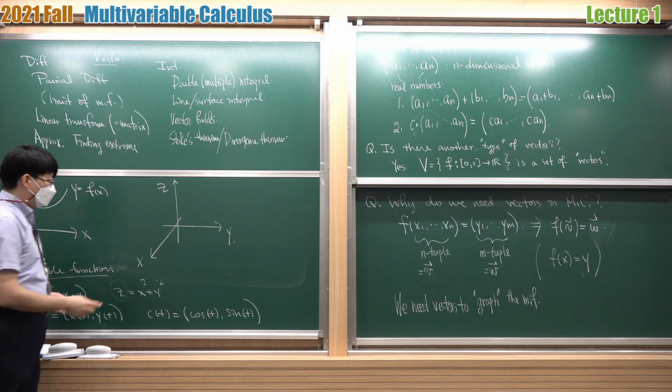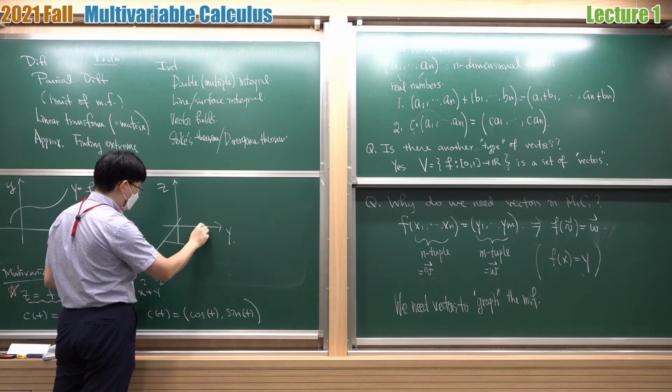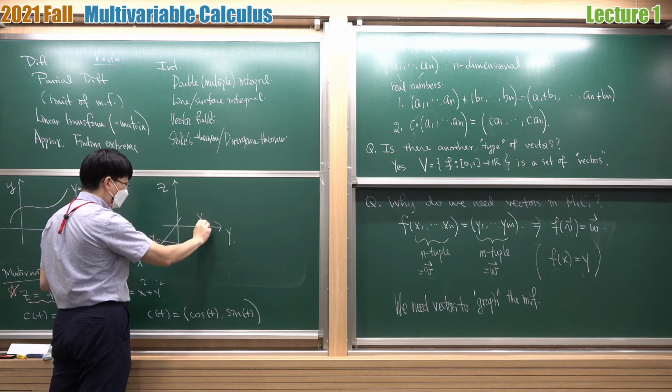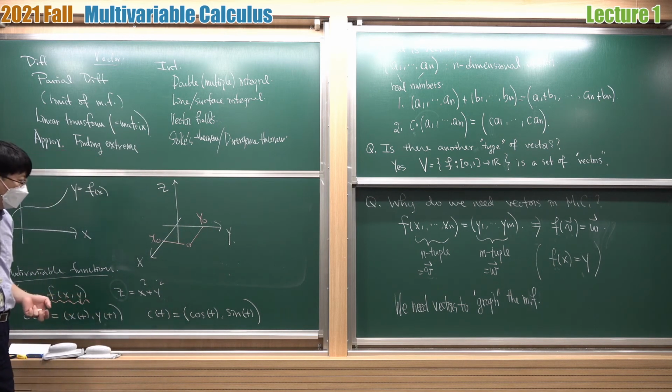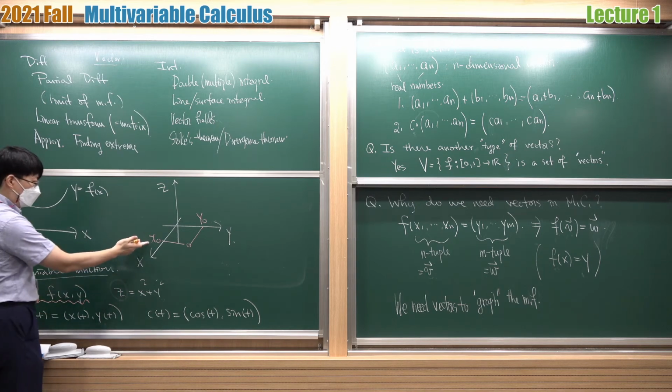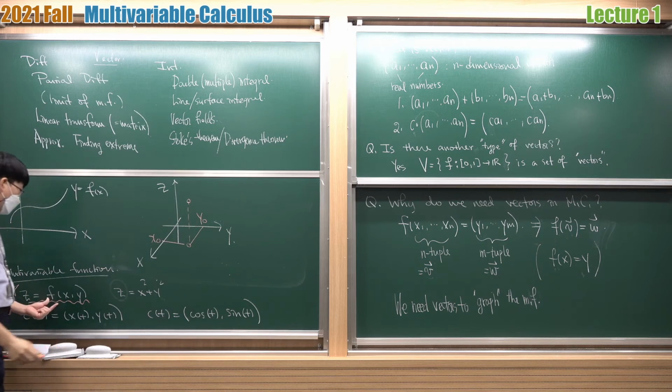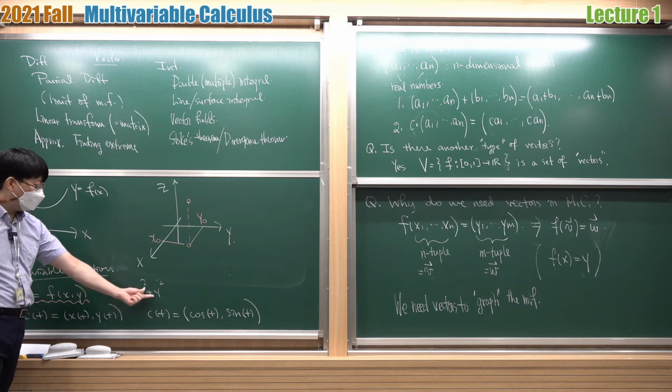So how it's drawn is that for every value of the independent variables, let's say x0 and y0, this function has a formula, for example, z equals x squared plus y squared.